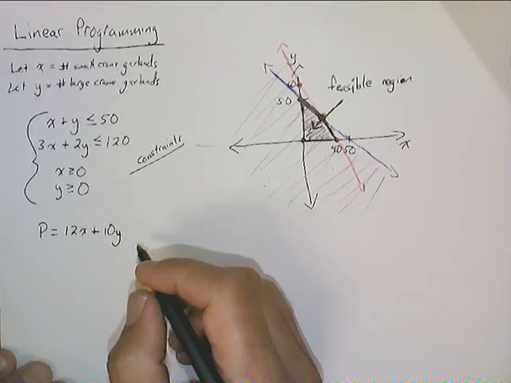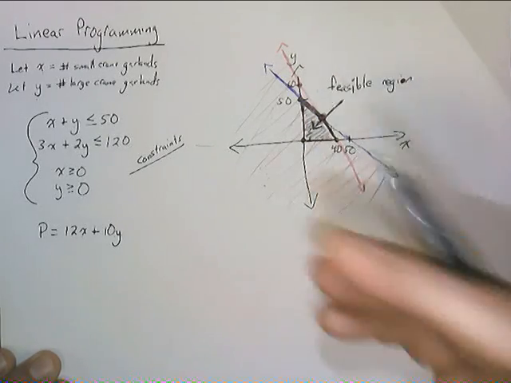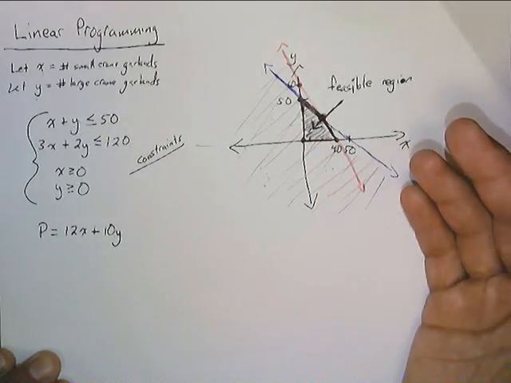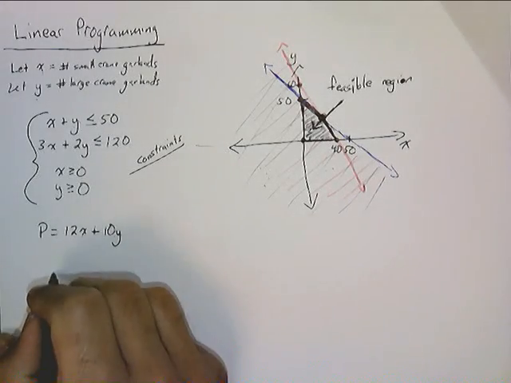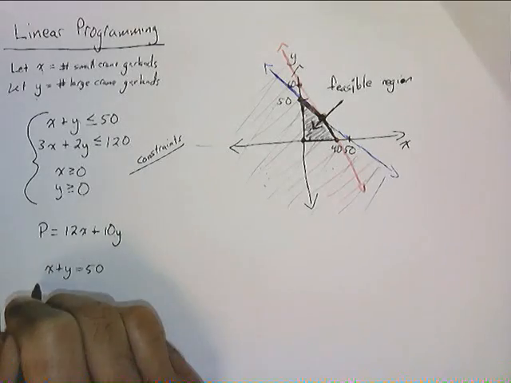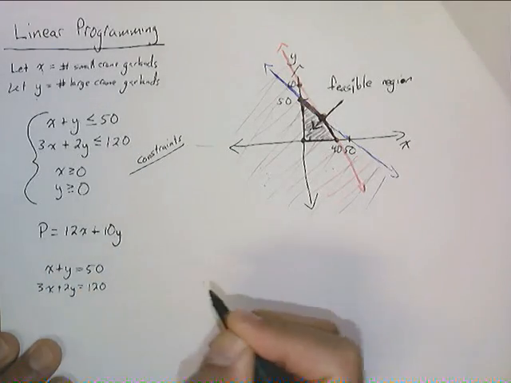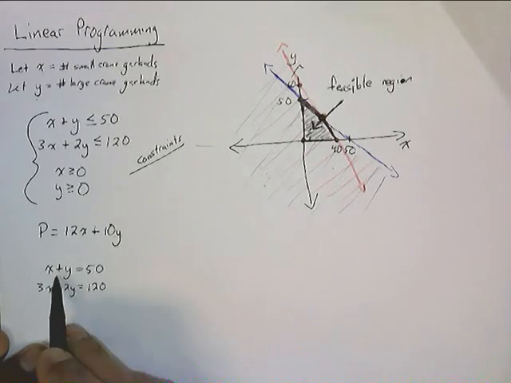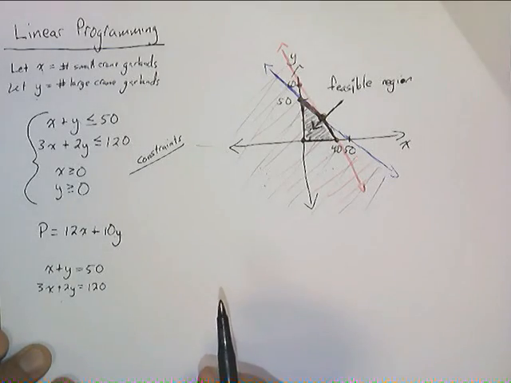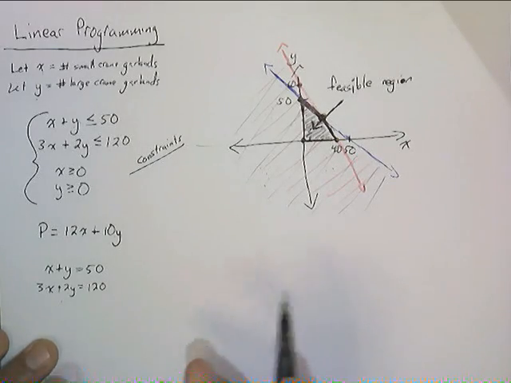So the way we need to get that, well, that's the intersection point of our two boundary lines. So we just need to solve the system of equations for the boundary lines, where we have x plus y equals 50, and 3x plus 2y is equal to 120. Here they're both in standard form, so easiest thing to do is just use the elimination method.